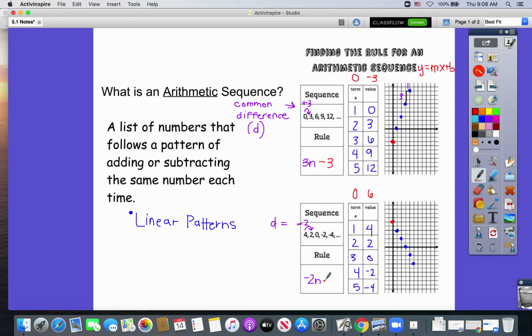So that's the second part of our rule, plus 6. So our rule, we have -2n, -2 was what's happening each time, plus 6, and 6 was the number that would be before the first term.